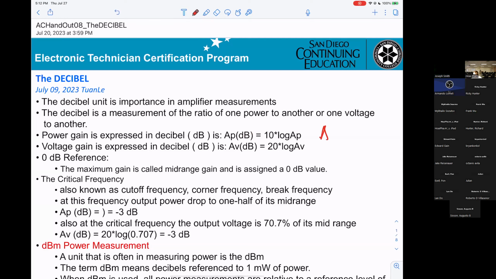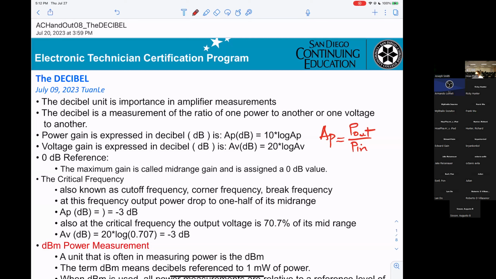Basically, AP. You understand A stands for the gain: power gain, voltage gain, current gain. AP means power gain, and that will be a ratio between P out divided by P in.